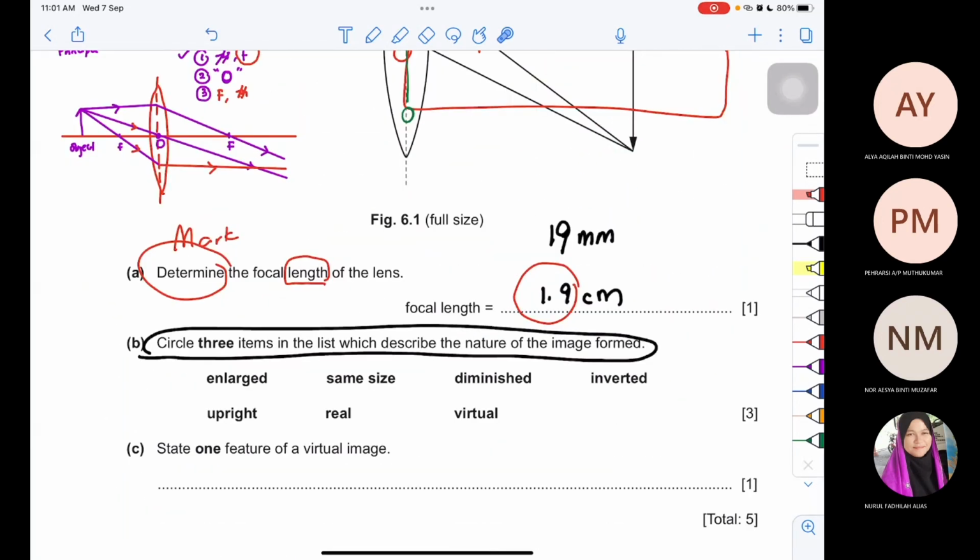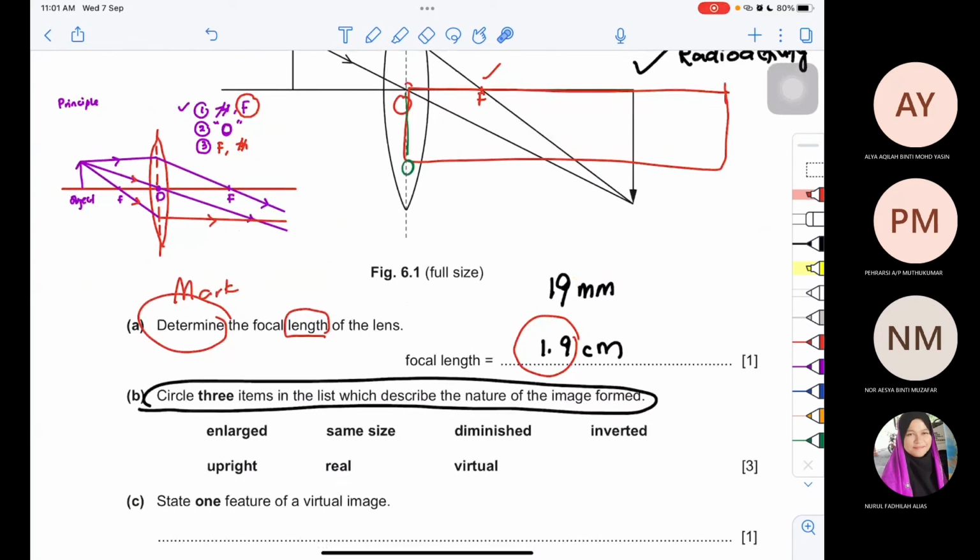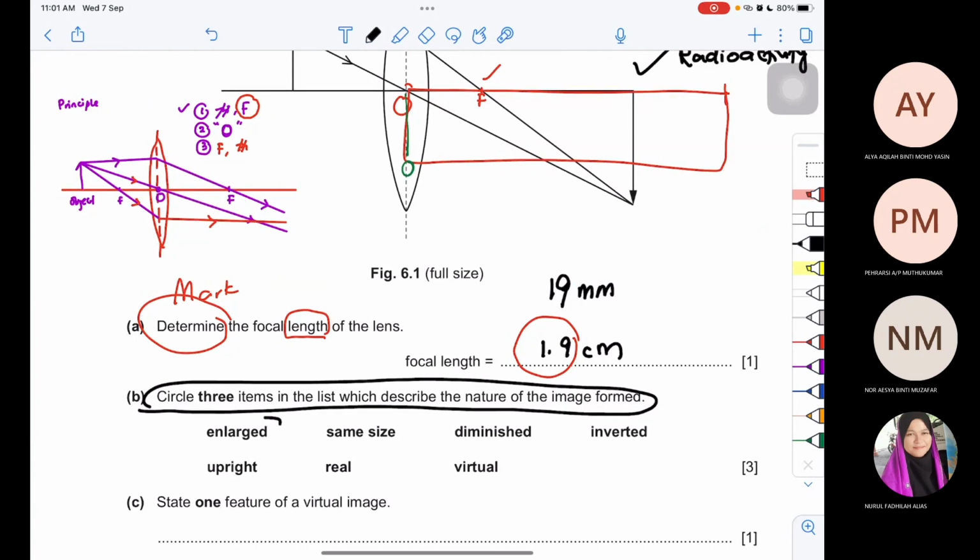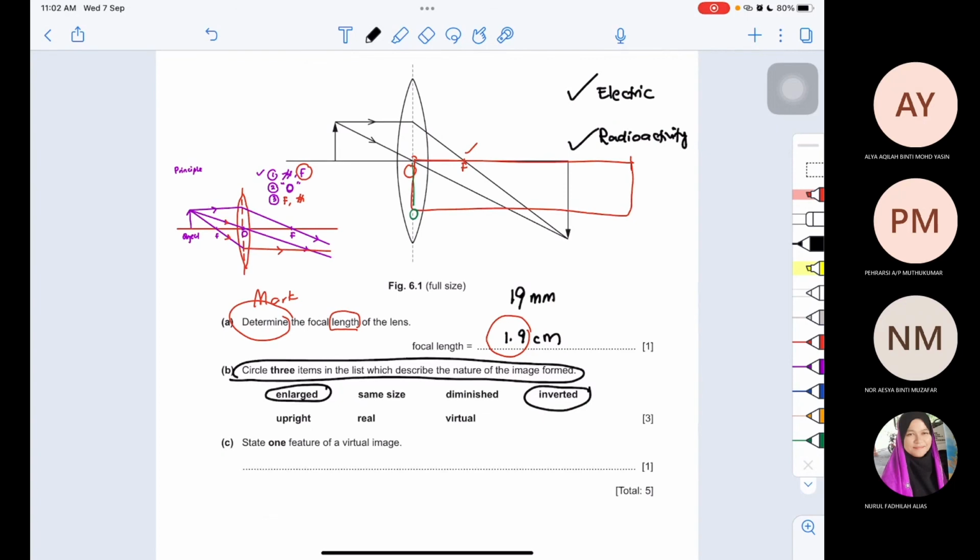So what characteristic do you see of the image ni, object tu? It's an enlarged. Is it upright? No. Is it apa lagi? Inverted. And okay, is it whether it's real or virtual? Virtual. How do you, macam mana nak bezakan whether it's virtual or real? Okay, listen carefully.